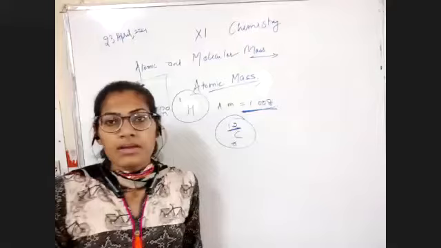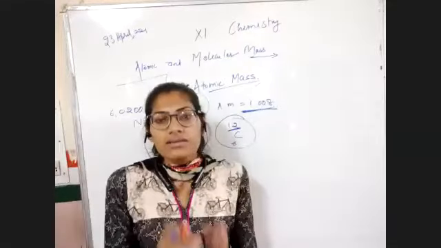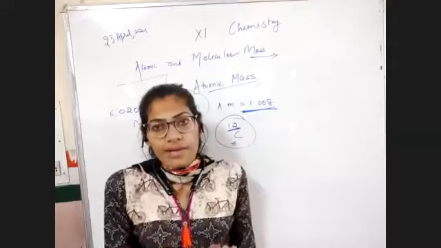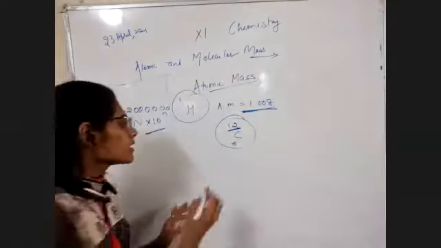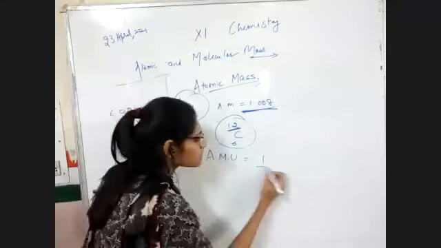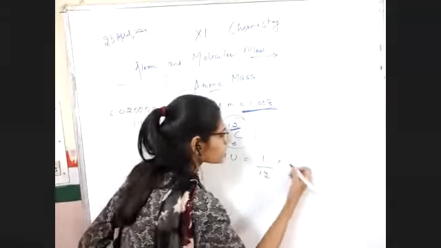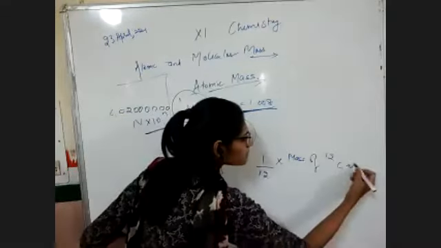Carbon is taken as the reference standard nowadays. Our atomic mass unit is exactly 1/12 of the mass of a carbon-12 atom. I'm again repeating, the atomic mass unit is defined as 1/12 of the mass of a carbon-12 atom.